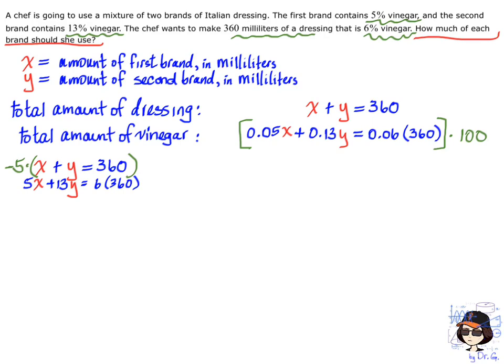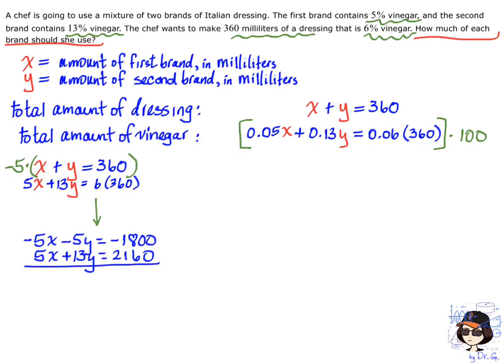So multiplying the first equation by -5 gives me -5x minus 5y equals -1800, because -5 times 360 is -1800. And then the second equation just stays the same, 5x plus 13y. Oh, and I multiplied 6 times 360, and I got 2160.